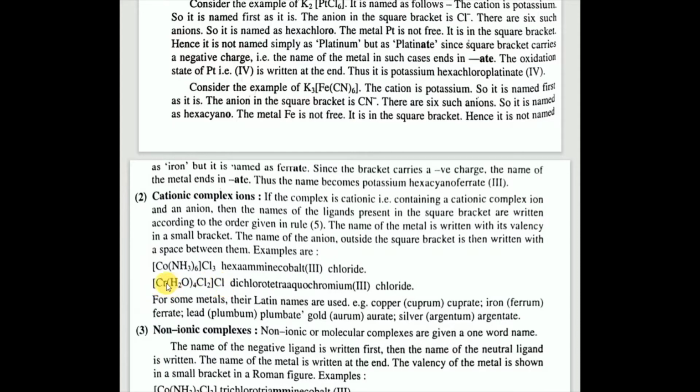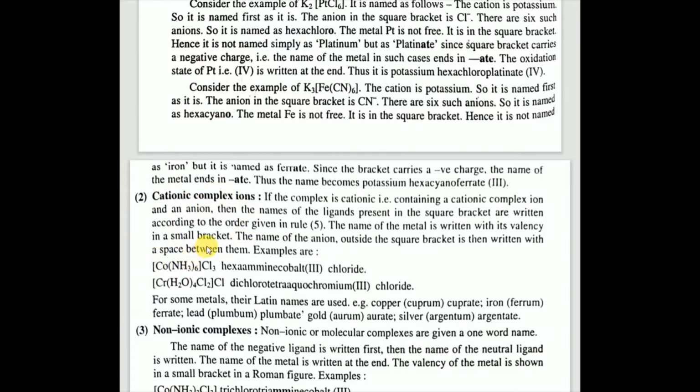So the complete IUPAC name of this complex is dichlorotetraaquachromium(III) chloride. See here, dichlorotetraaquachromium, third oxidation state, and finally write the name of the anion which is outside the square bracket. So in this way we can write the IUPAC name of any cationic complex ion. Such simple tricks to write cationic complex ions.